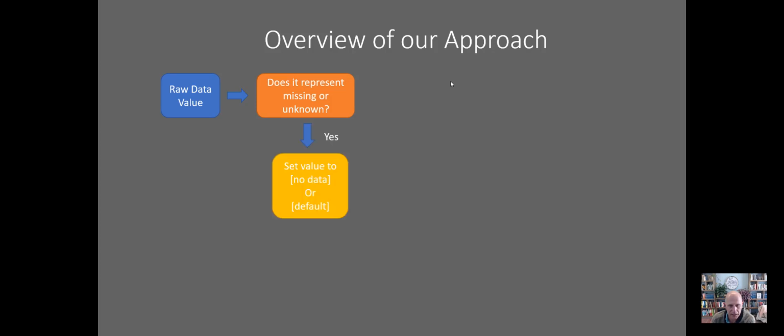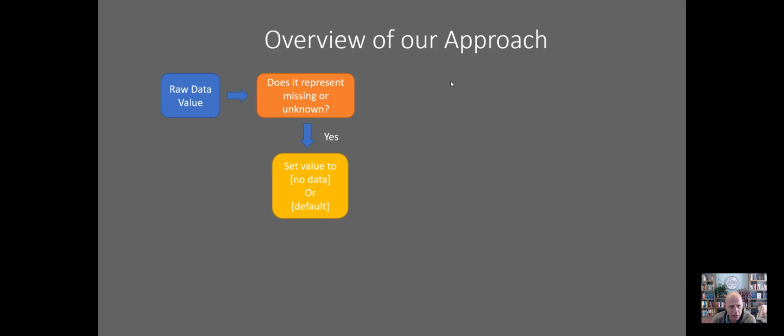If that's the case, then we set the value to whatever is our, let's call it our authorized or our official value to represent no data, or we can use a default value. And I will explain that later in detail when we actually look at this in Excel.